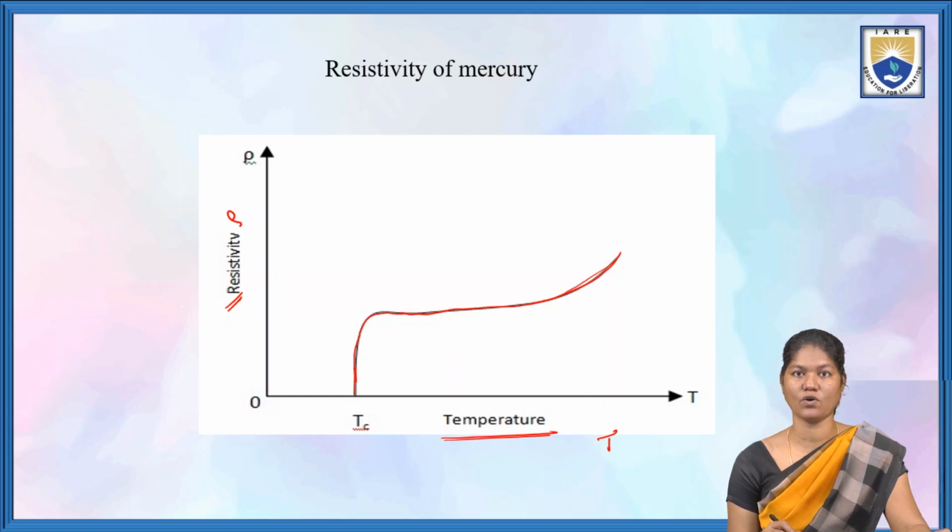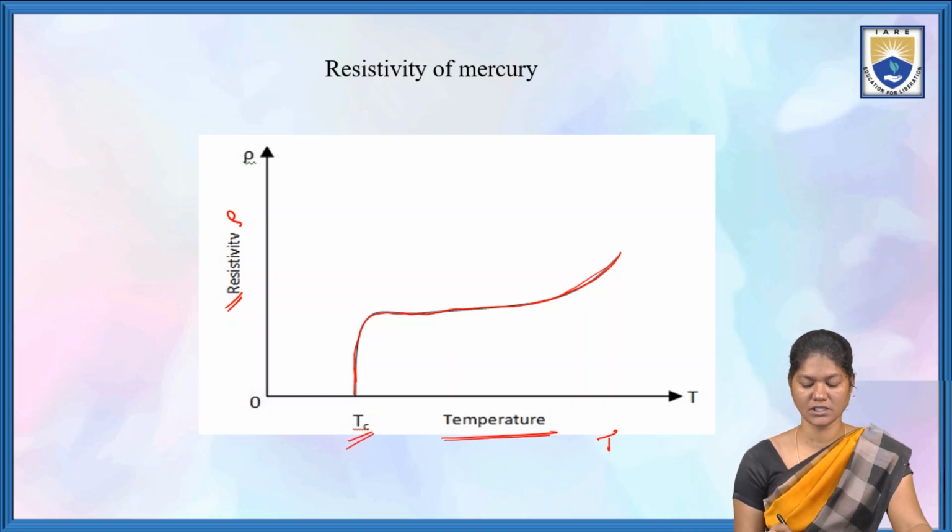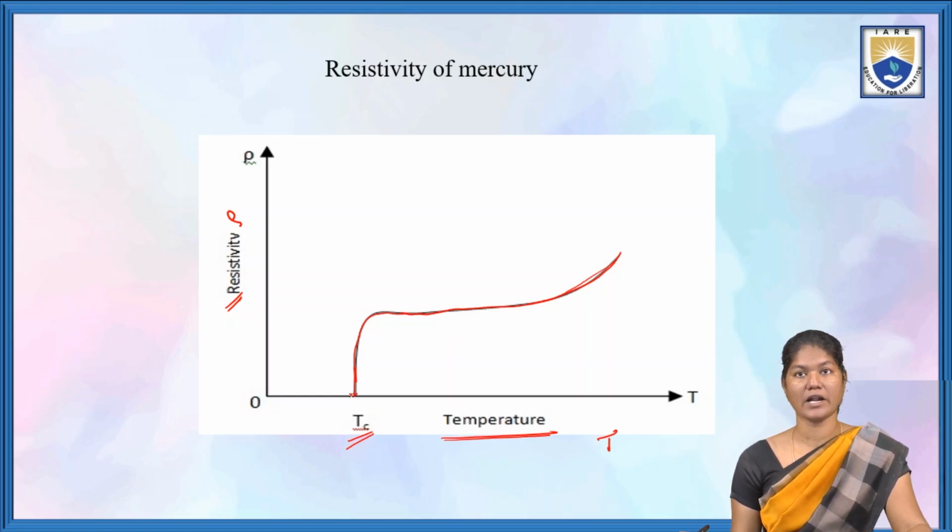So it shows zero resistivity. That temperature is the critical temperature. Below this critical temperature, this conductor acts as a superconductor.